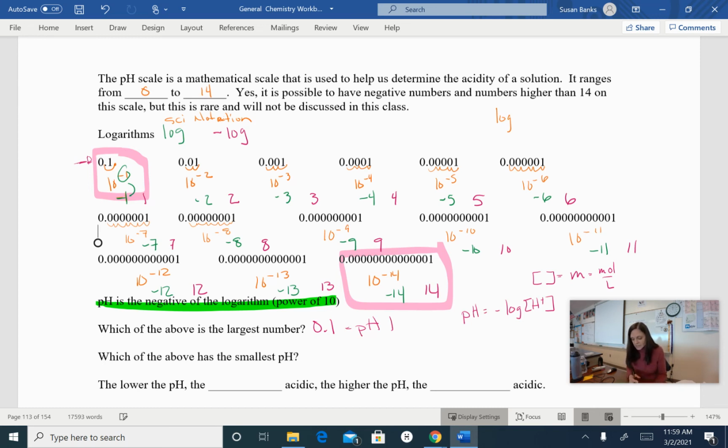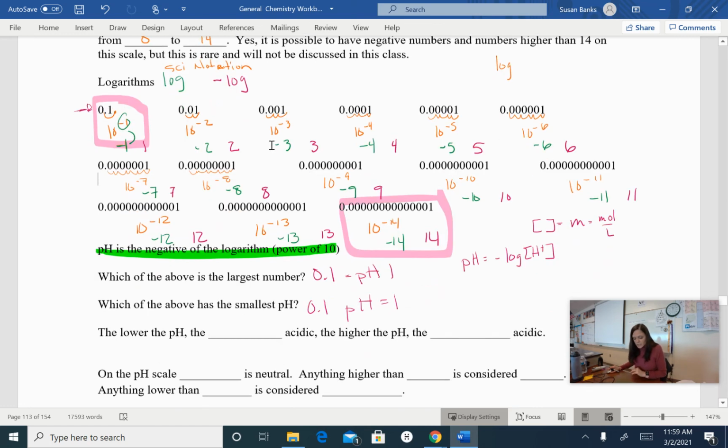Which one has the smallest pH? That number, right? 0.1 had the pH of 1. So the smaller the pH, the more acidic it is. The lower the pH, the more acidic. The higher the pH, the less acidic, the smaller that ion concentration of hydrogen is.